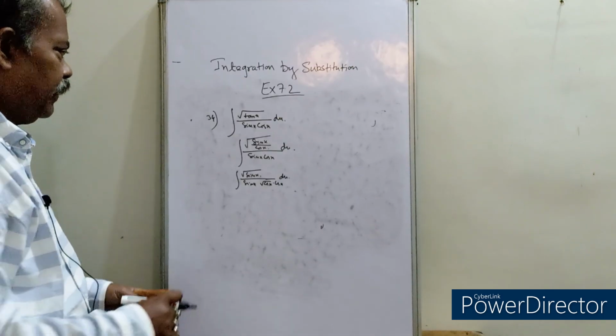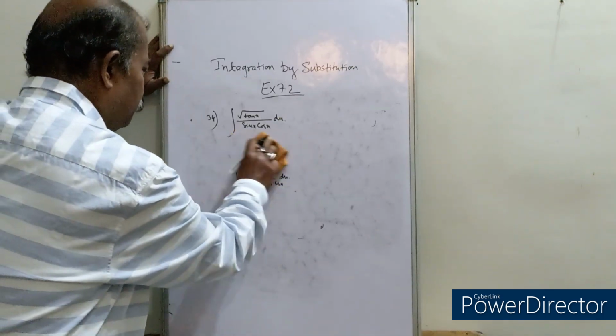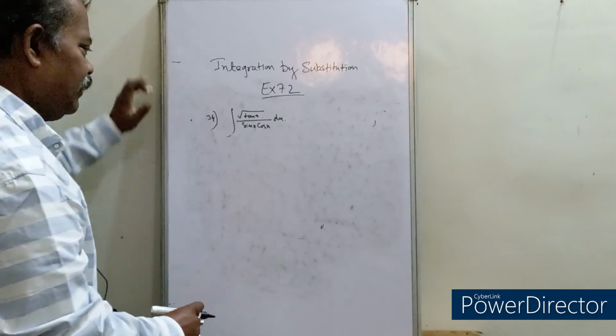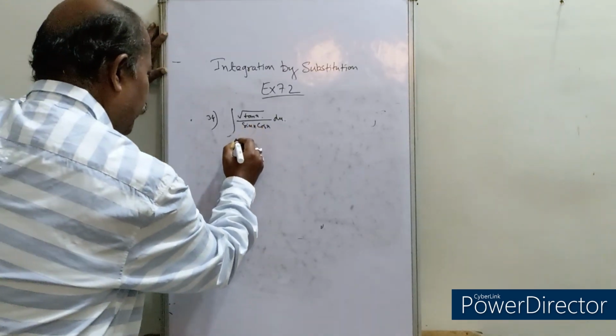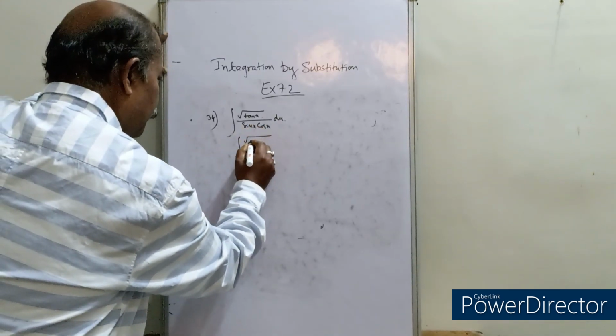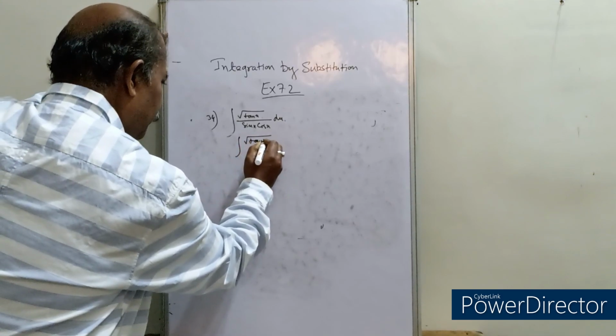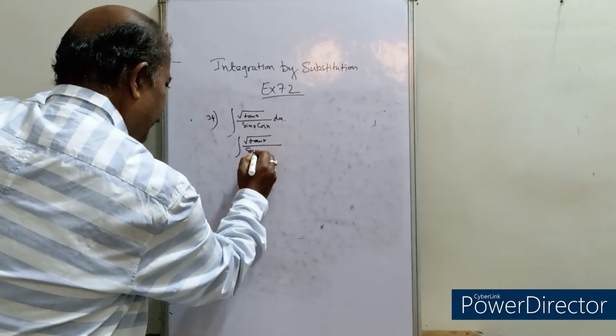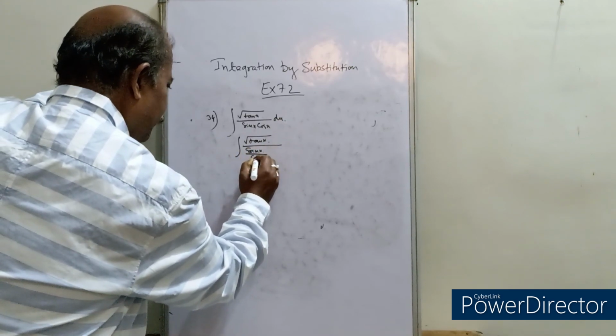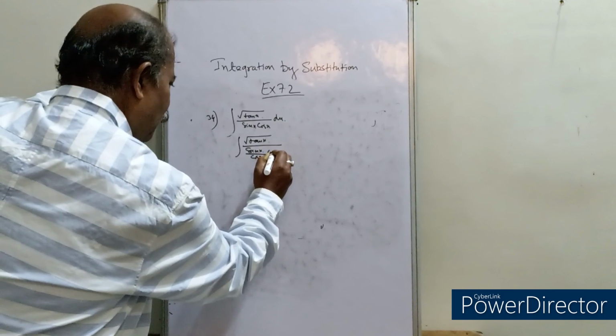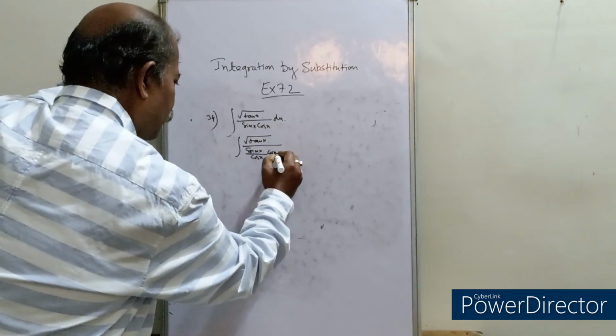Instead of doing this, let us take the help of sec square x. What I am going to do here is root tan x, now sin x by cos x; this cos x is originally in the question.